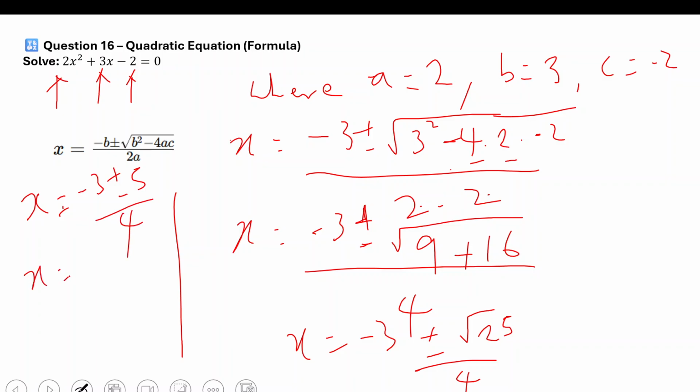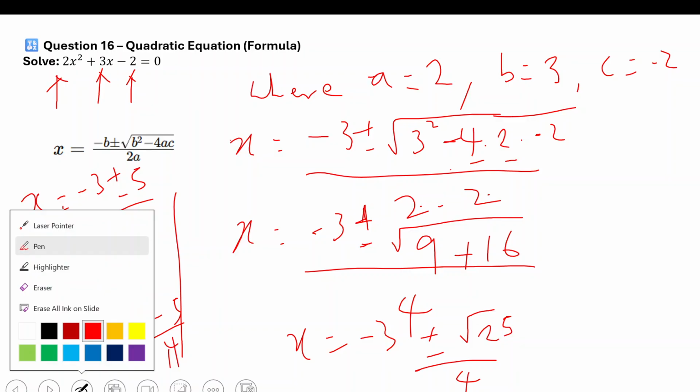So x is equal to minus 3 plus 5 over 4, or minus 3 minus 5 over 4. Okay, so I'll explain what's going on here.